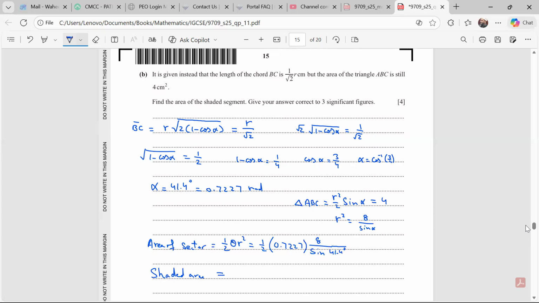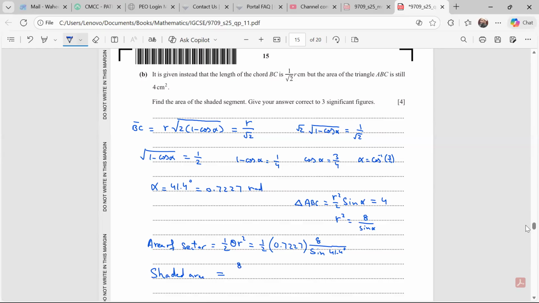Hold on, am I making a mistake here? Half, the angle and r square, yes. Okay, we are on the right track.